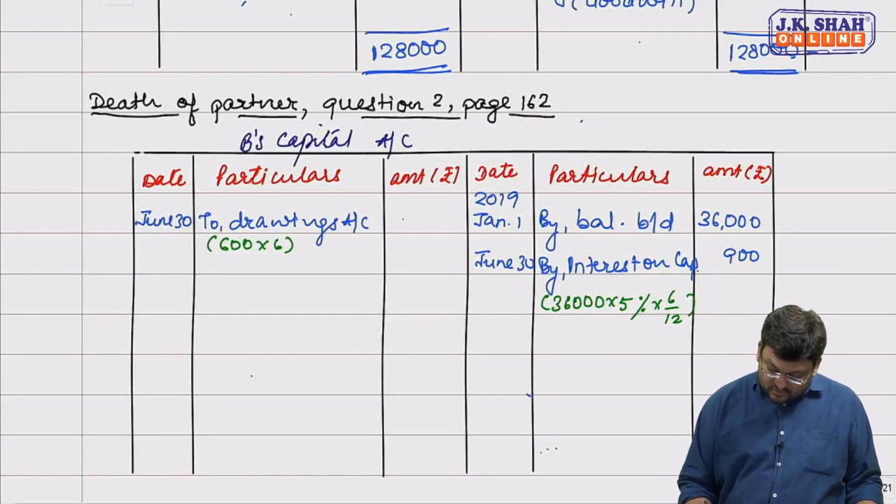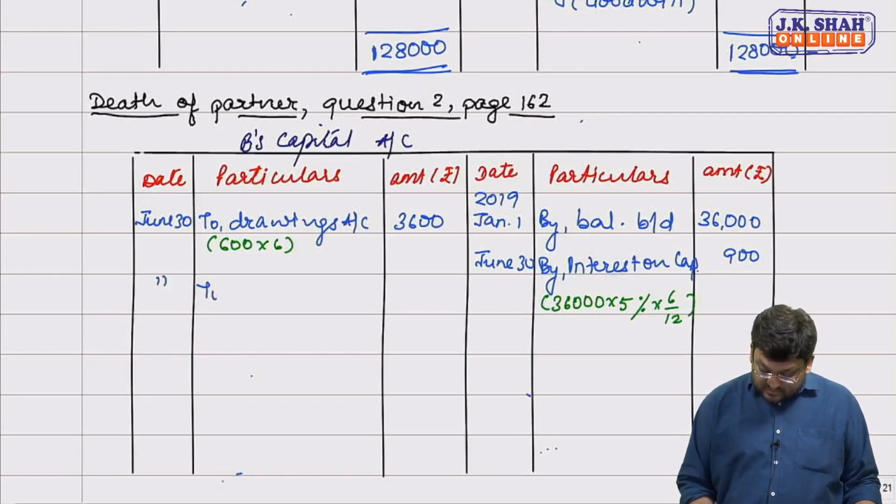He must have withdrawn 3,600, correct? Yes. We are also supposed to calculate interest on that drawings. How much will be his interest on drawings?